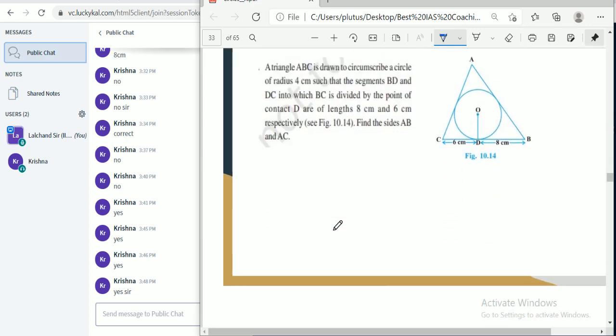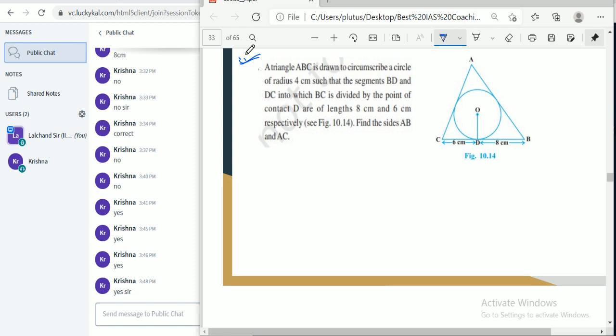So now the next question is this. Read this question and try to solve it. We have a triangle ABC.